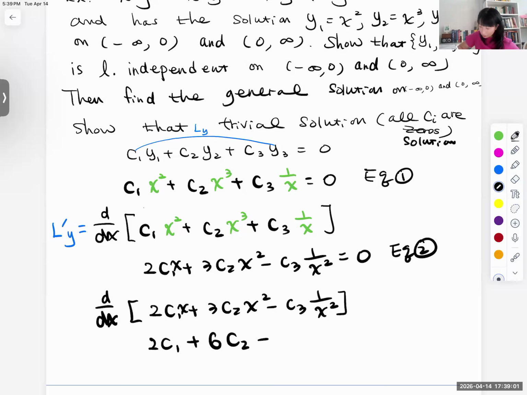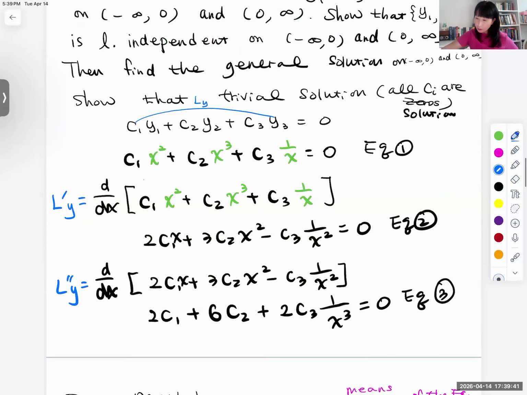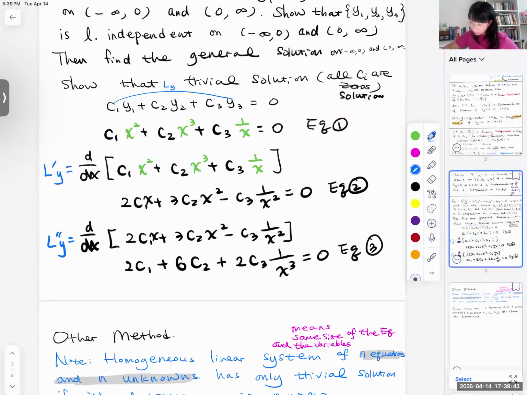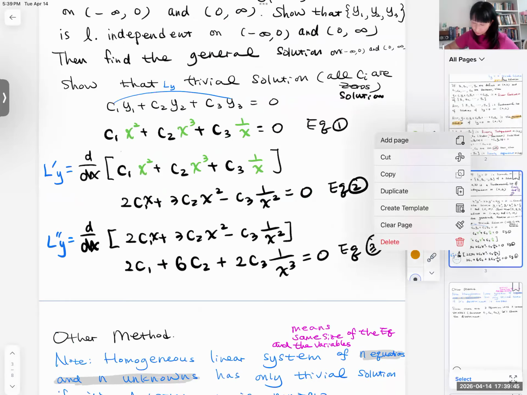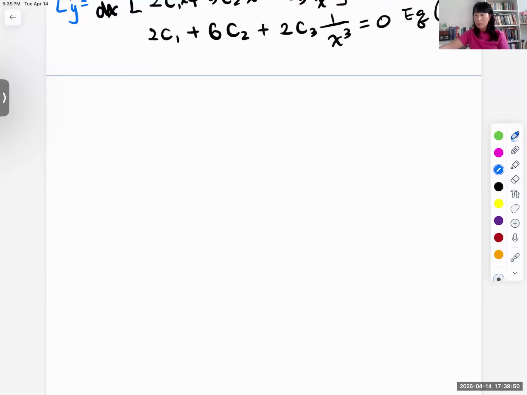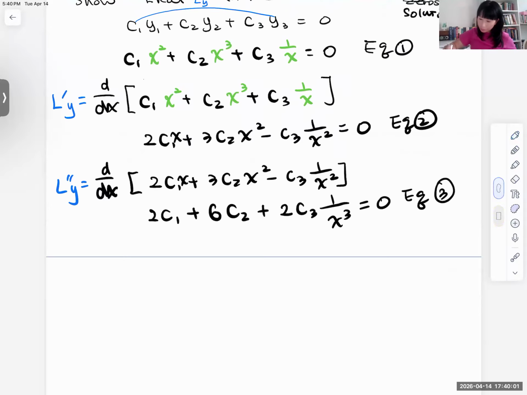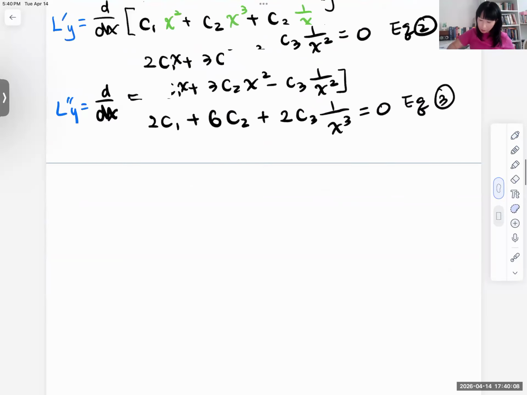Good? All right, now from equation number 1, from equation number 2, I want to make the whole thing orange here. So equation number 1, copy.